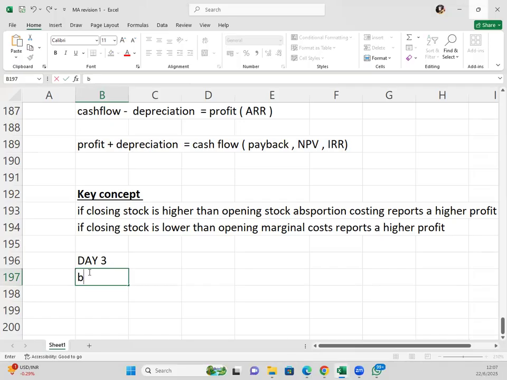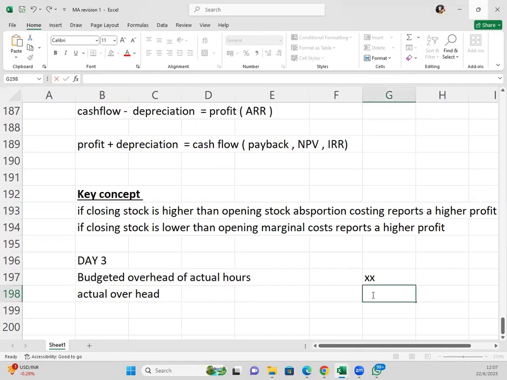So if you are calculating over or under absorption, we start with the budget. We take the budgeted overhead of actual hours, then you less the actual overhead. So the budgeted overhead of the actual hours less the actual overhead.